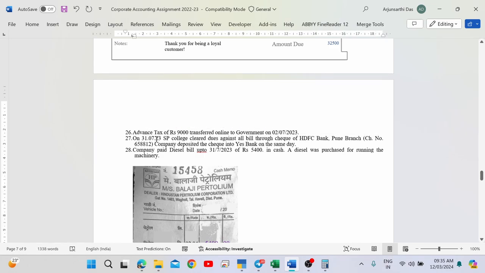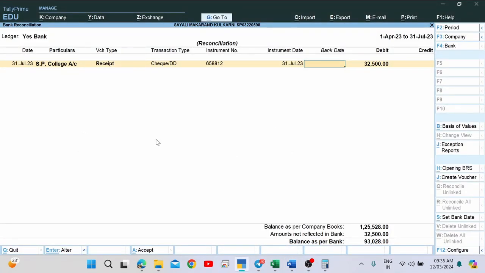After getting a check, you know the general procedure. By getting a check, we deposit that into the bank, and within 1 or 2 days you get the credit of that amount. We have deposited on 31st July. Obviously within 1 or 2 days, that means on 1st or 2nd August, you will get the credit.